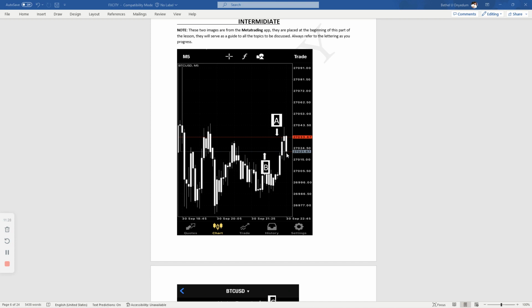The limit order has to be below the current market price. So what this means is that once you set your limit order at this point, when price is here, once price gets down to this point, it's going to fill you in, and you don't get slipped by spread or something like that.